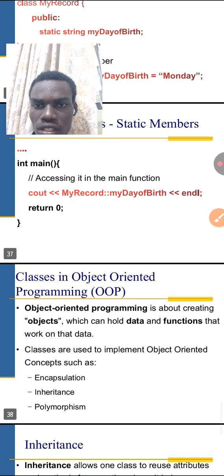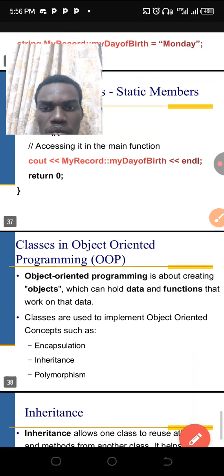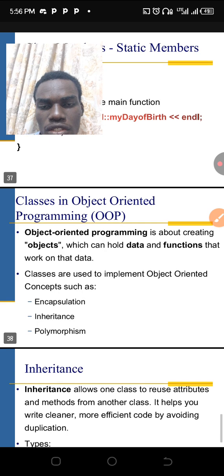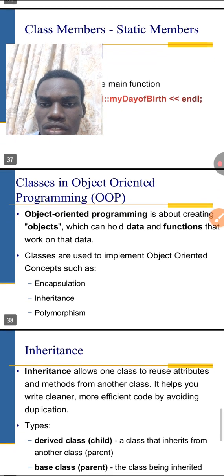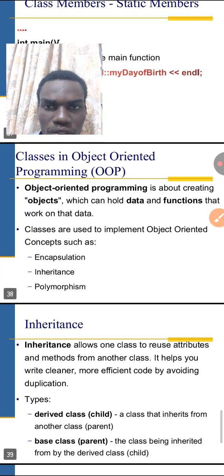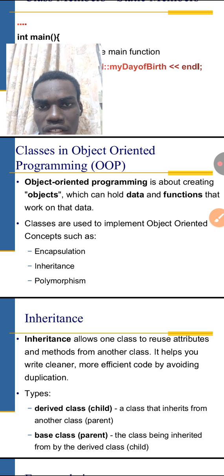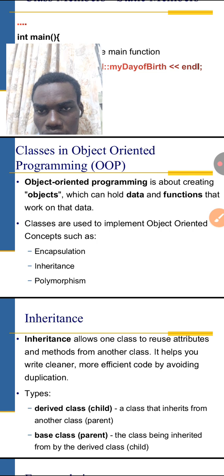Now let's look at classes in object-oriented programming, which is OOP. Object-oriented programming is about creating objects which can hold data and functions that work on that data.